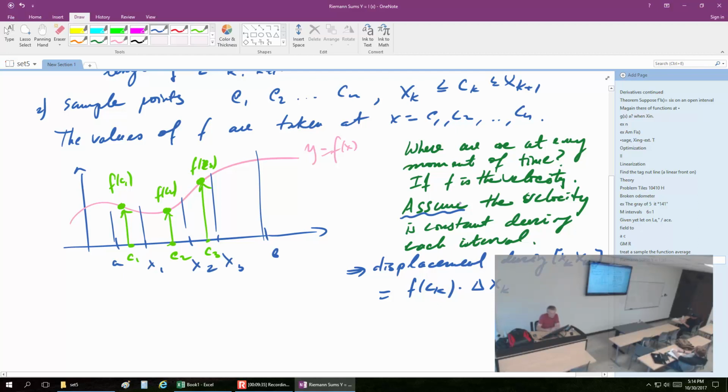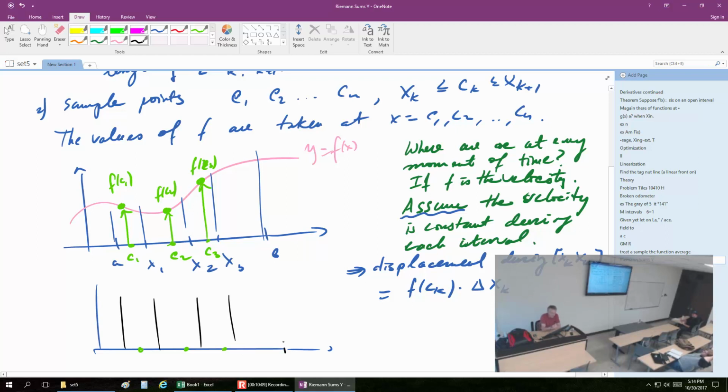Okay, and that is called the Riemann sum function. So this is the notation. Well, let me first make that picture clearer. So once we have these values, the lengths of the intervals are supplied, as well as the heights of the intervals.